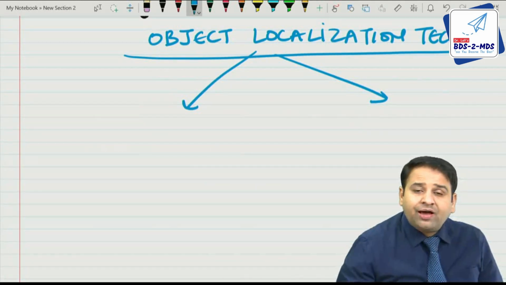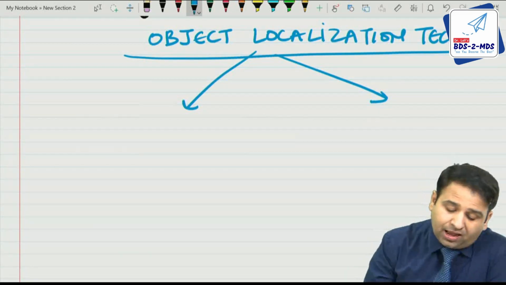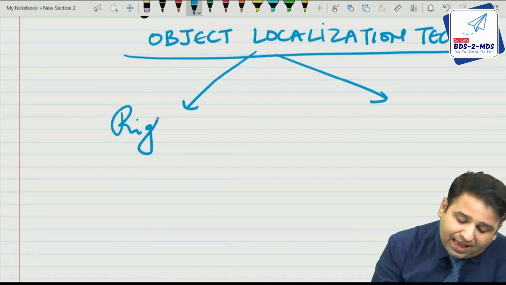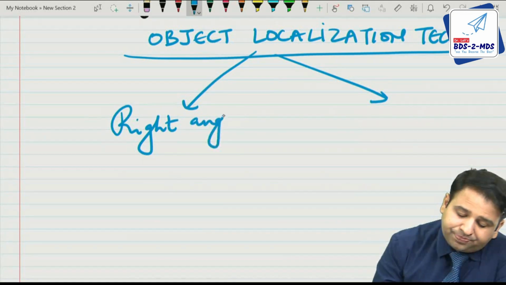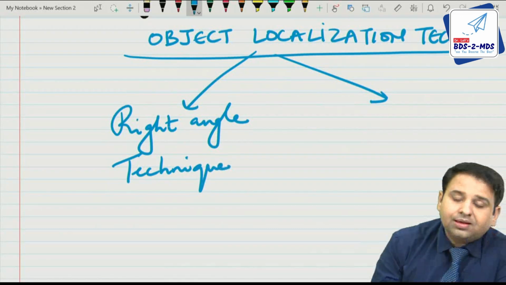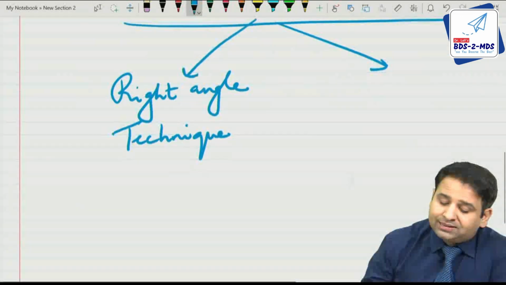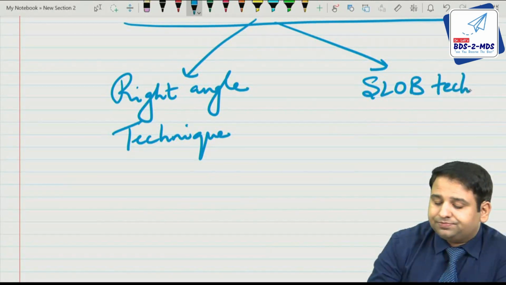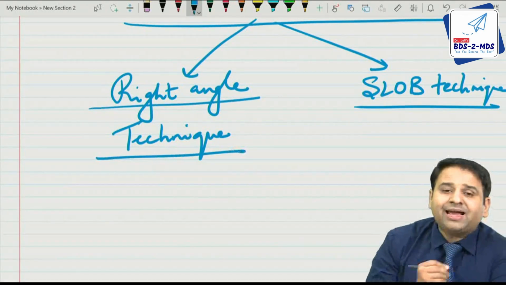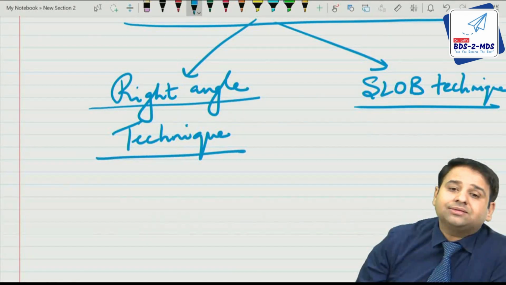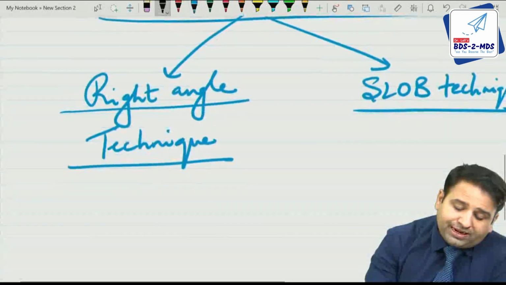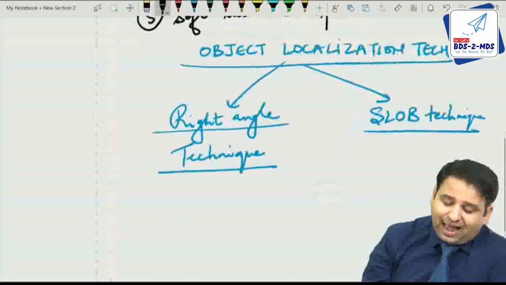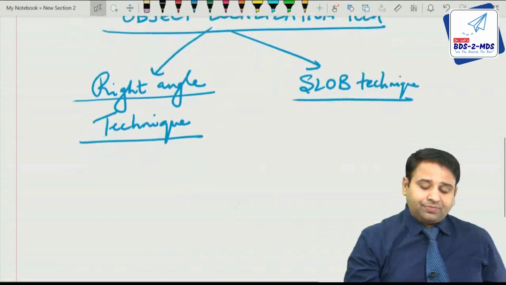In conventional radiography, the two important techniques are, the first one is called the right angle technique. The second is called the SLOB technique. So we have the right angle technique as well as the SLOB technique.